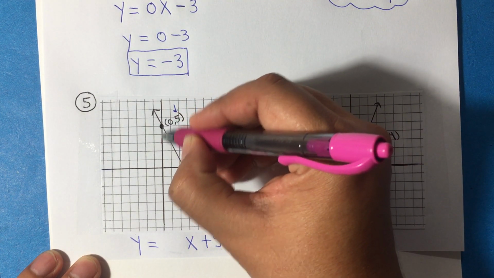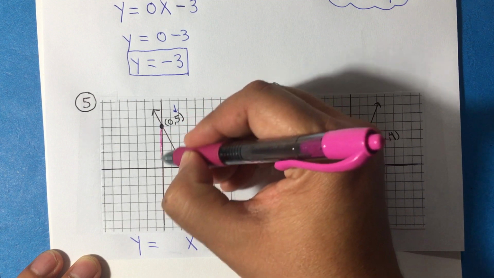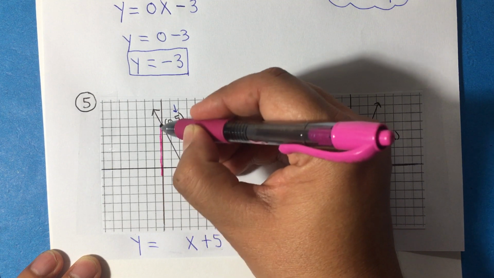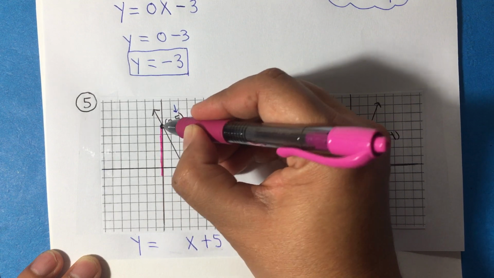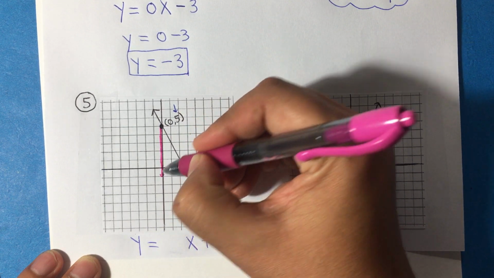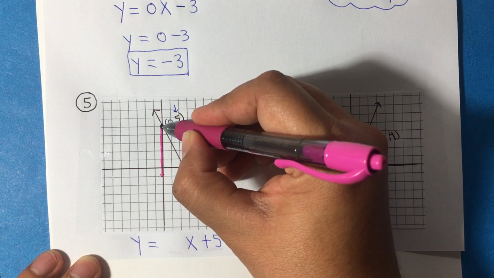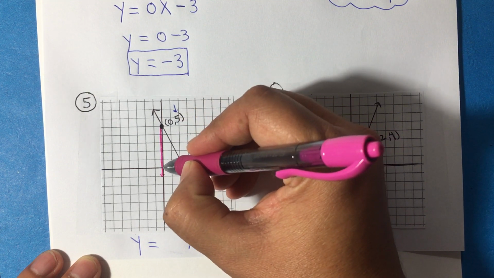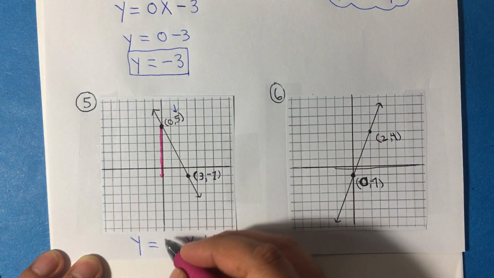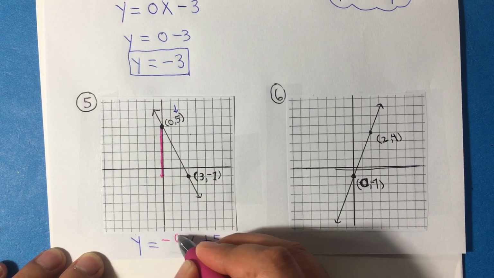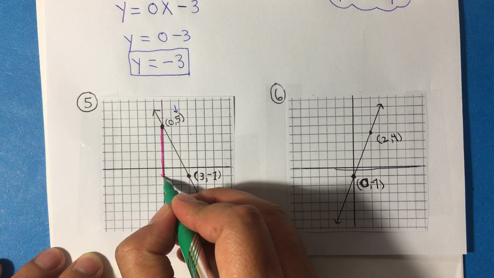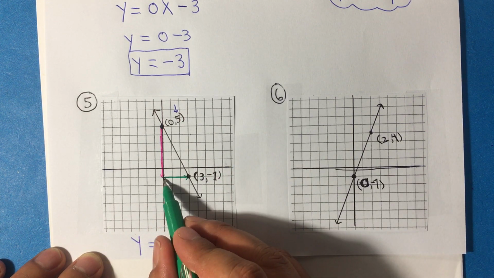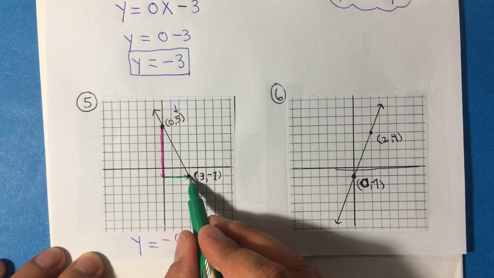Always down or up first. Remember that on the numerator is the change on y. Because it's going from here to here, it's going down, we count how many spaces and it's going to be negative. So -1, 2, 3, 4, 5, 6 points. So -6 for y. And then from here to here, we count how many spaces now to the right. So it's going to be 1, 2, 3.